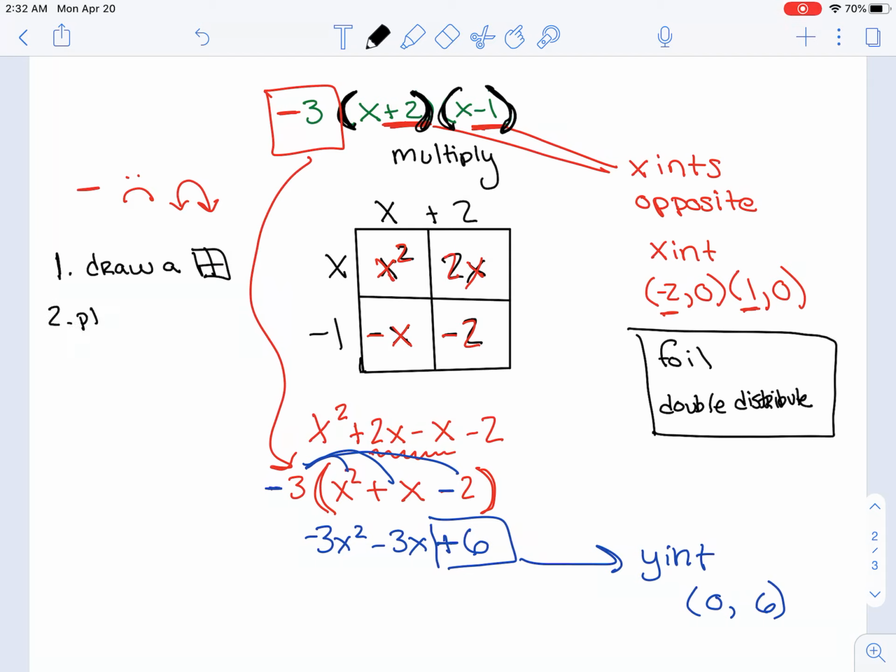Step 2: place your parentheses on the sides. Step 3: multiply the sides.